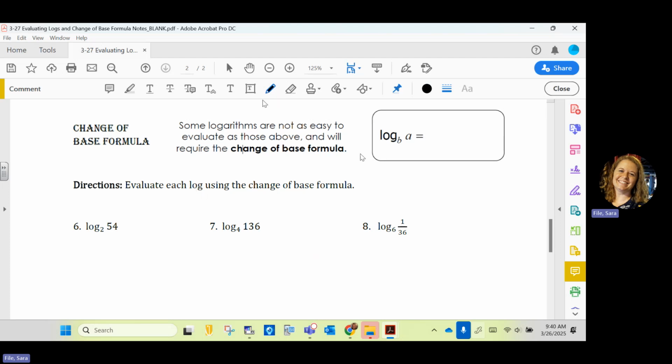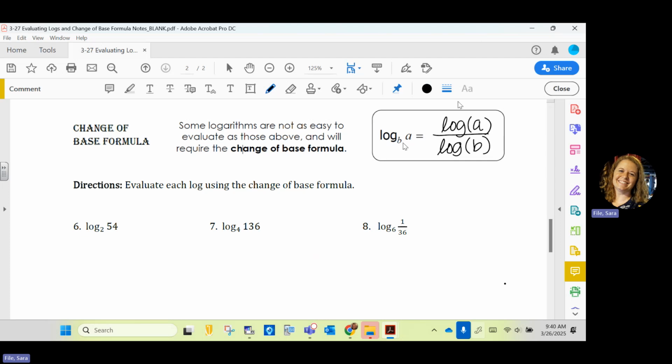So the change of base formula is saying we can change any log base into a base 10. A log base b of a could be rewritten as a fraction where the numerator is the common log of a and the denominator is the common log of b.